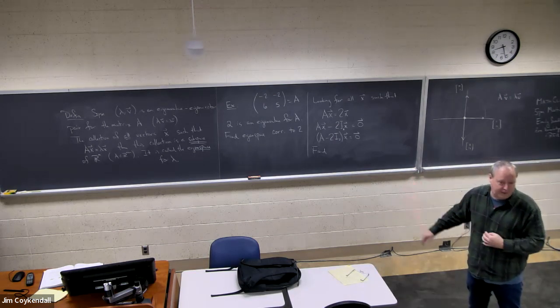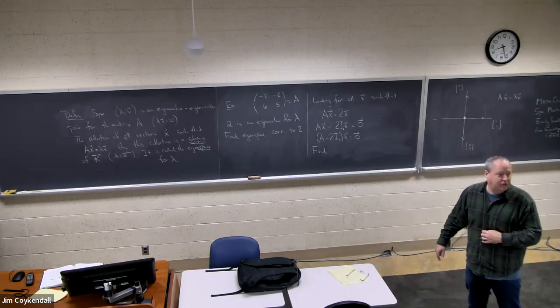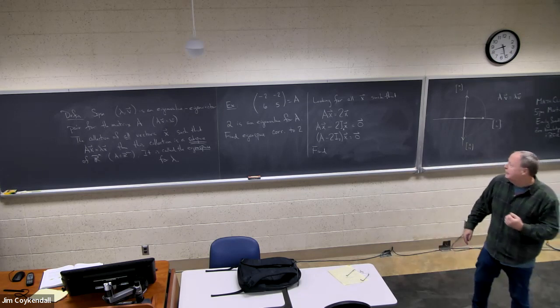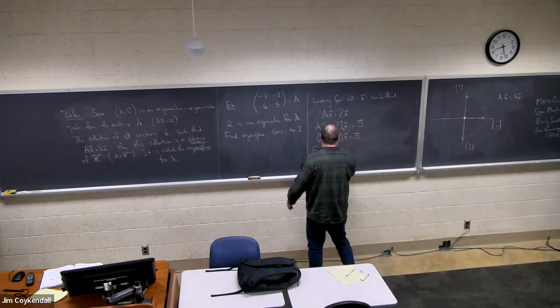You're finding the null space of the matrix A minus 2 I2.